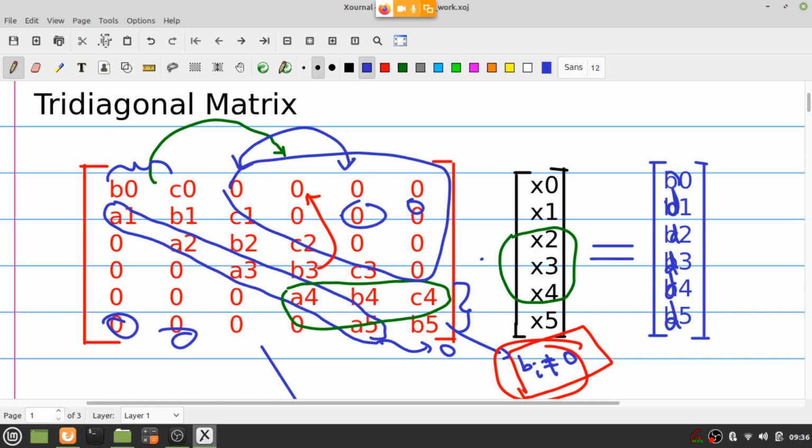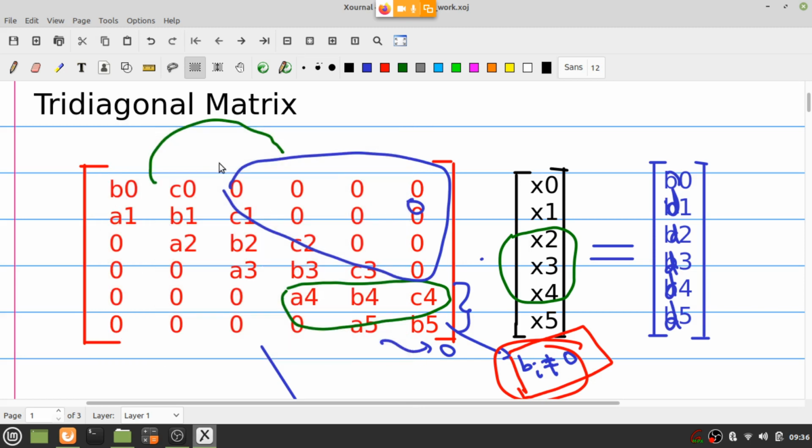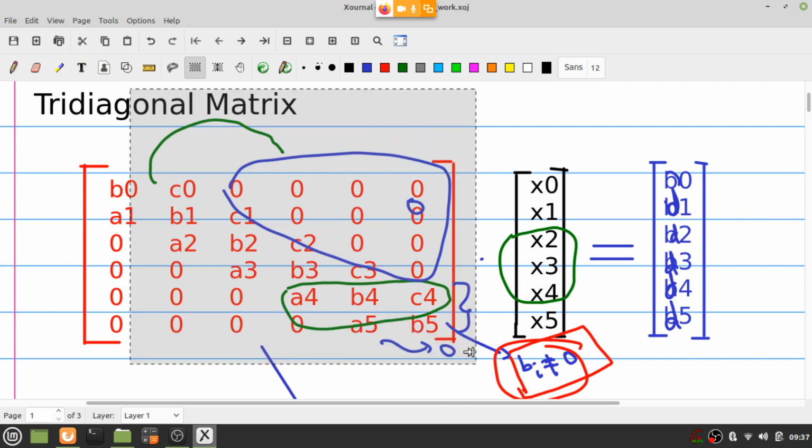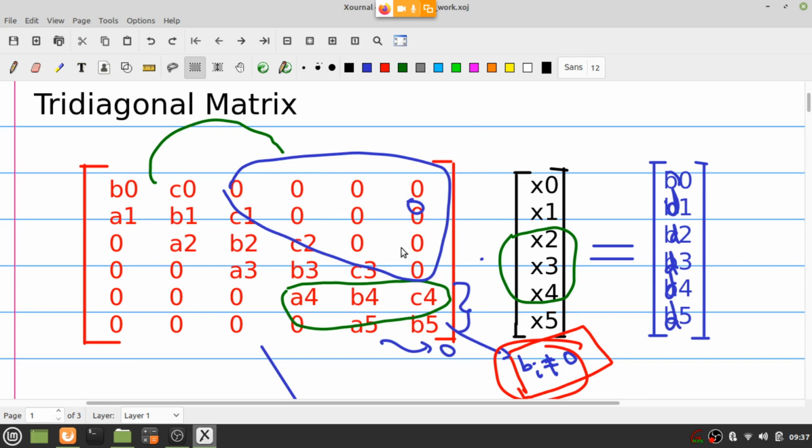Let me try to remove some of these guys.